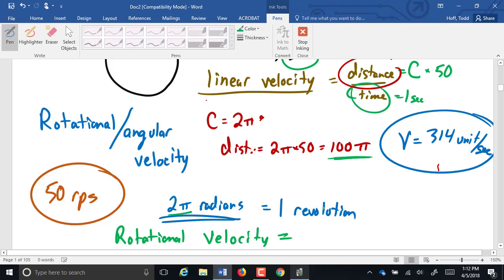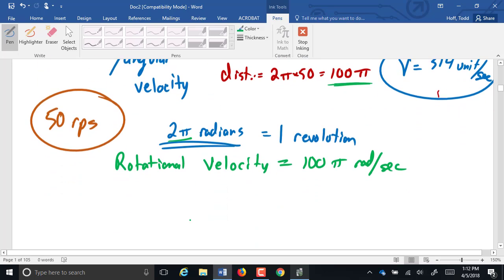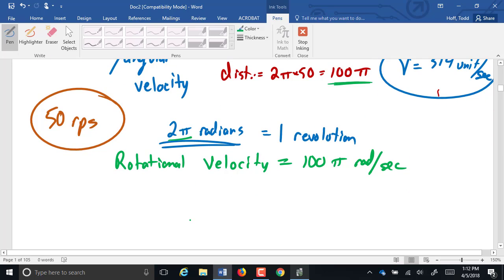Two pi radians for one revolution times 50 revolutions is 100 pi radians per second, or 314 radians per second, if you wanted to write it that way. Why is it that the rotational velocity and the linear velocity are the same here? Well, because what's the radius? 1. The radius is 1.